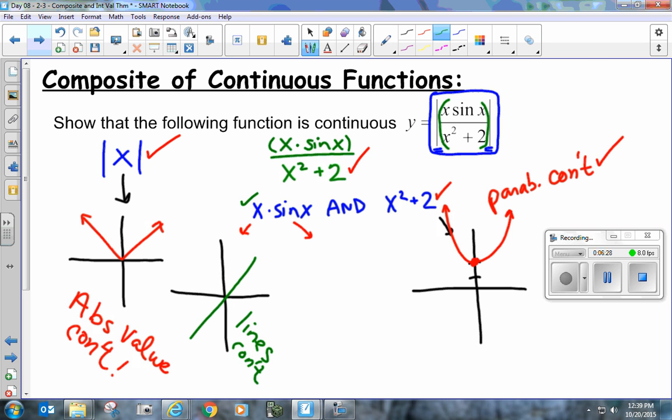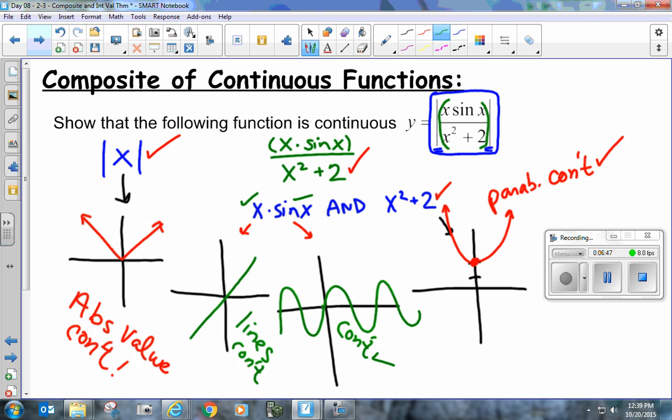So that's continuous. Sine of x is the trig curve that goes on forever like this. So it's continuous.